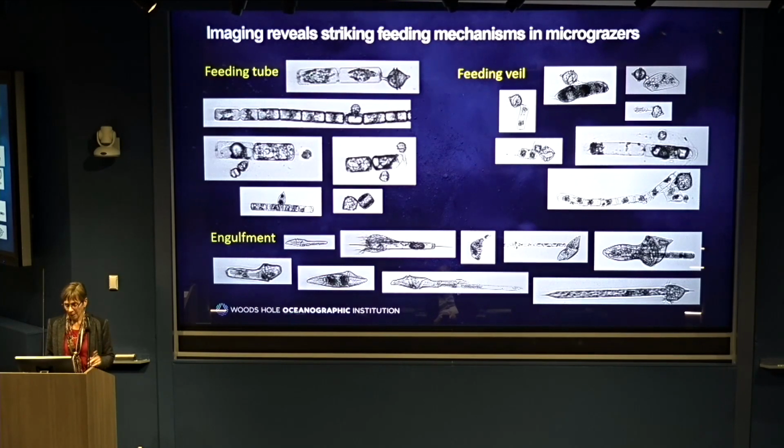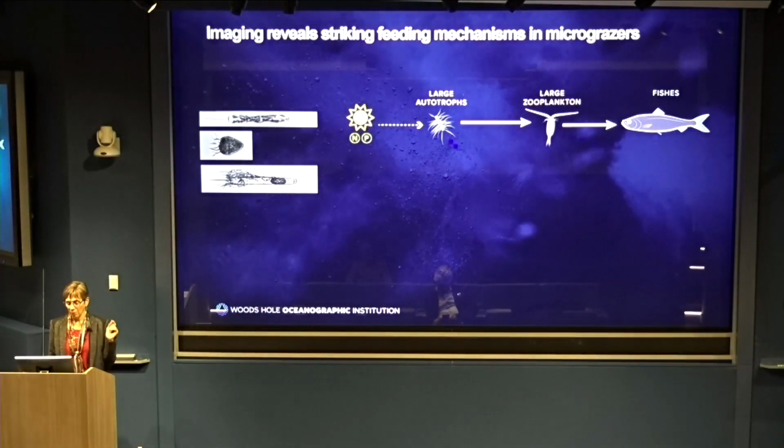Last point about this is that just like those deadly nanoparasites I talked about, it adds more questions to this view we have about diatoms being principally consumed by large zooplankton like crustaceans.